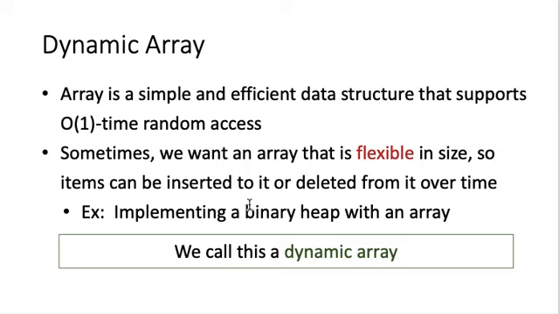So for instance, we may want to use an array to implement a binary heap as we have already done previously. And the size of the array may change over time. And in such a case, we call this a dynamic array problem.